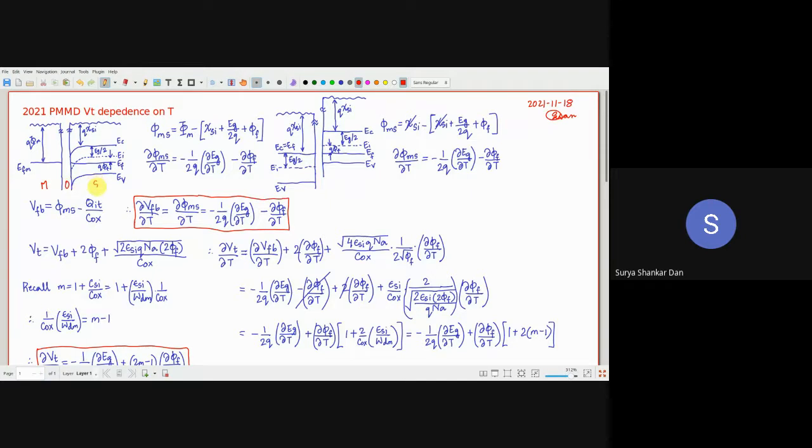Now here what we all know is that with respect to the vacuum level, which I have indicated using these curved lines, we have a work function difference of phi m, which brings us to the Fermi energy level of the metal, EFM.